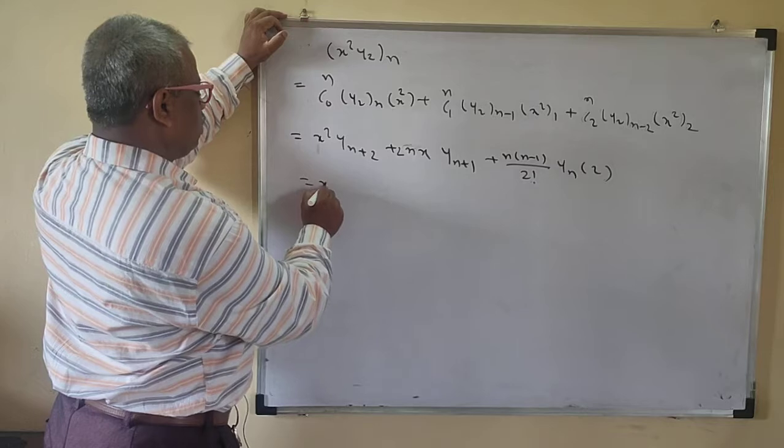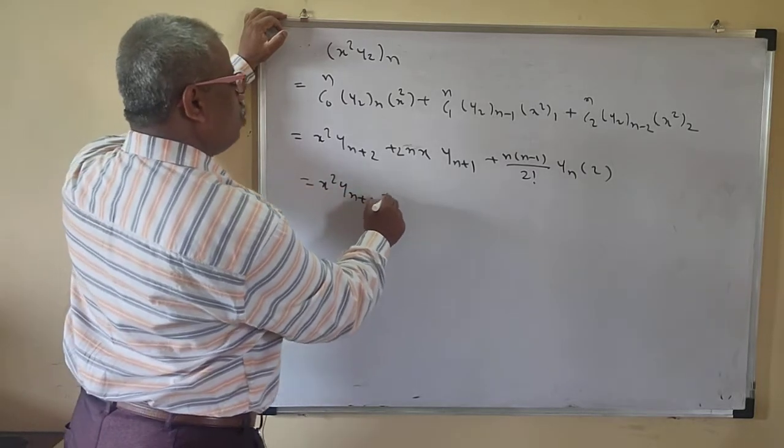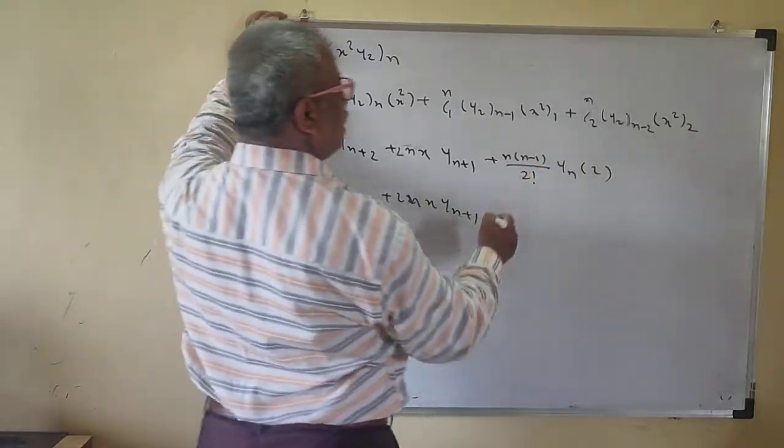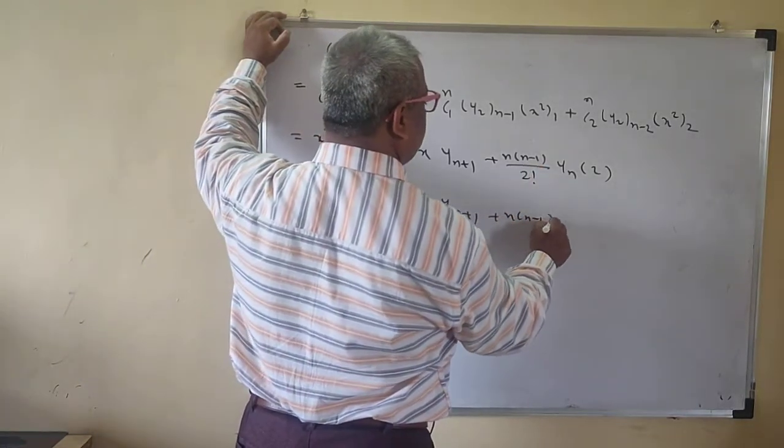If you simplify, this is x squared y(n plus 2) plus twice n x y(n plus 1) plus n into n minus 1 y(n).